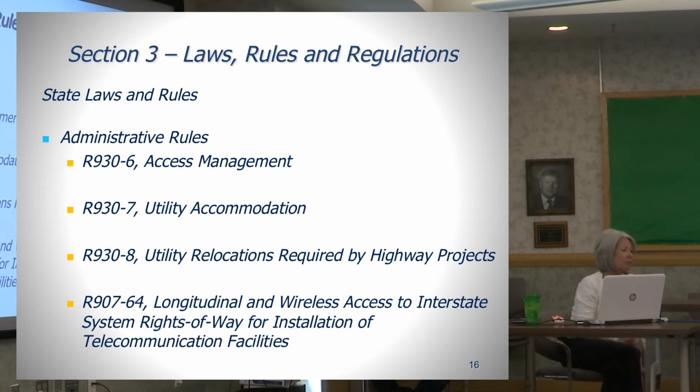The telecoms that are located under this rule do compensate UDOT for that access, either by way of fees or by providing service to UDOT. And those facilities are required to relocate at their own cost anytime they're directed to do so by the department. So that's different than, it's separate from the state law on relocation reimbursement.